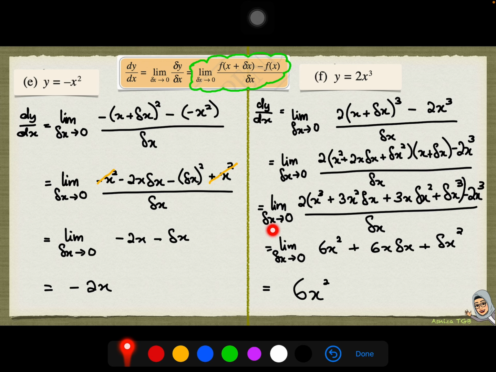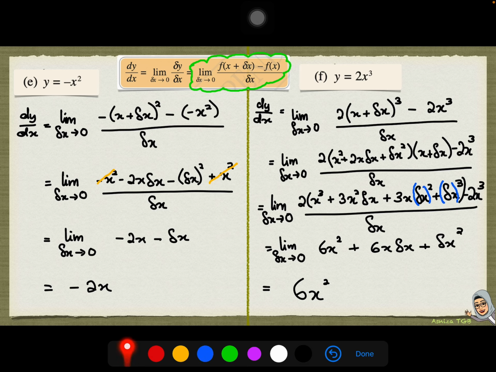Next, before we simplify, we expand again, another expansion here. So we have the limit as delta x approaches 0 of 2 times x cubed plus 3x squared delta x plus 3x delta x squared plus delta x cubed, then minus 2x cubed.